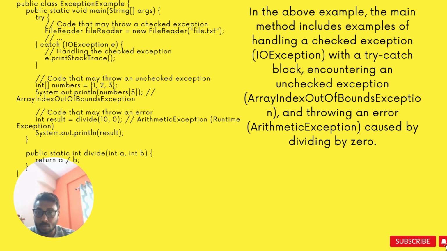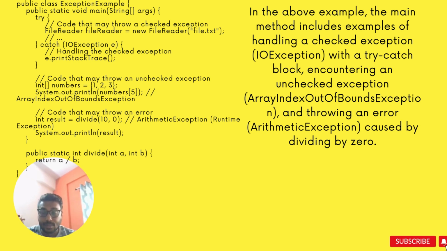See here, one more example: we are dividing 10 by 0. In that case, it will throw an ArithmeticException. You can understand, right? Arithmetic operations are an example of unchecked exceptions.